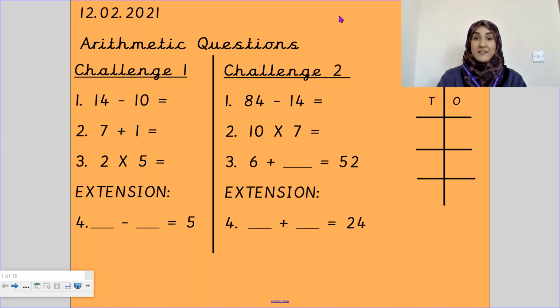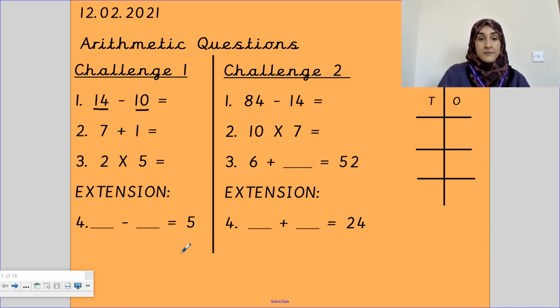Okay, Morris, well done for working so hard for your final arithmetic of this term. In front of us, we have challenge 1, question 1, which is 14 take away 10. There are two ways to do this. I could put 14 in my head, hold up 10 fingers and count backwards, or I could think about this.